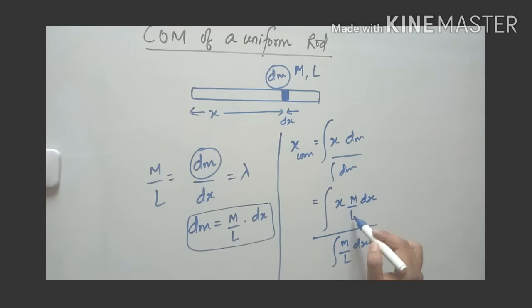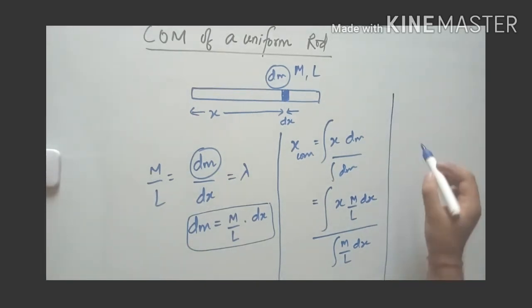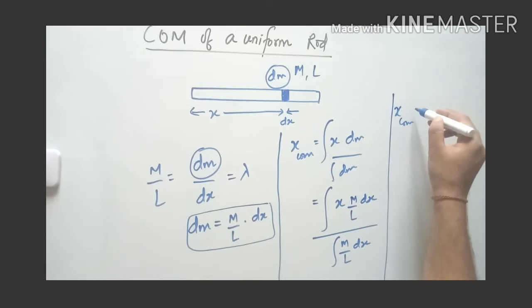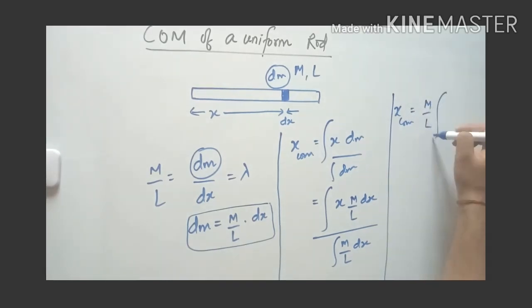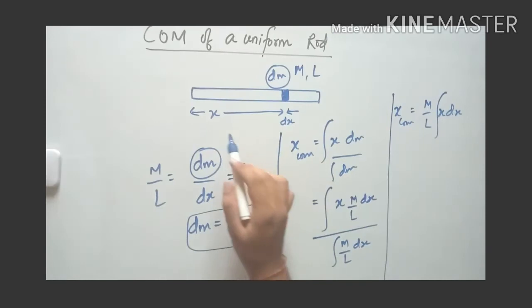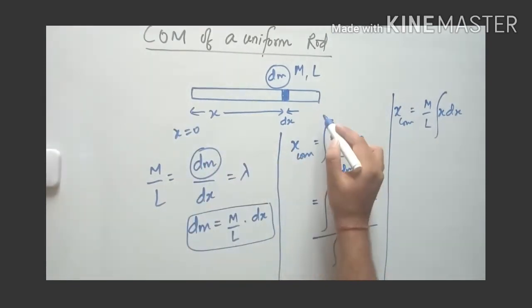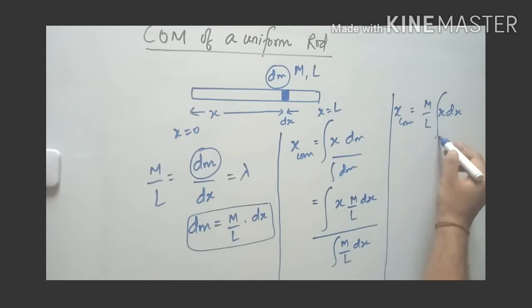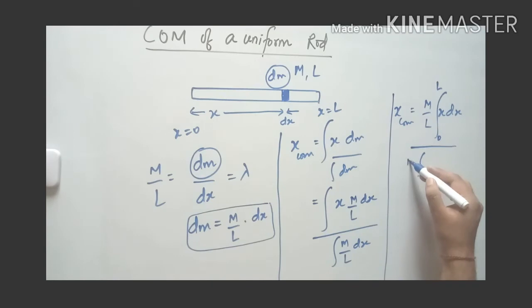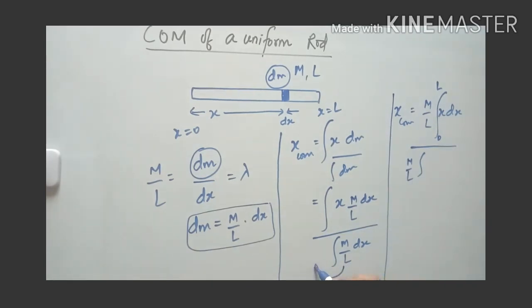Since m and L are constant, we can take them outside. So xcom is equal to m by L times integration of x dx, with the limits of x from 0 to L, divided by m by L times integration of dx from 0 to L. This m by L and m by L cancel out.